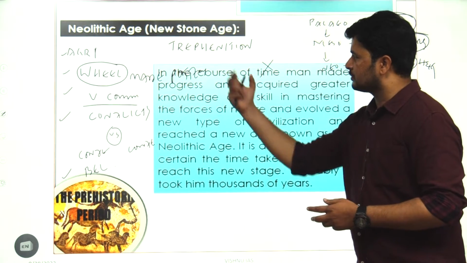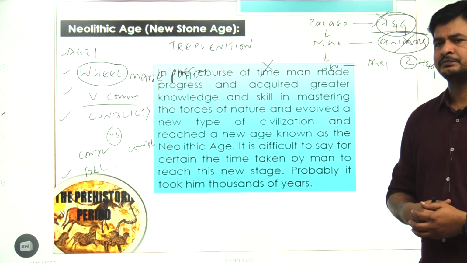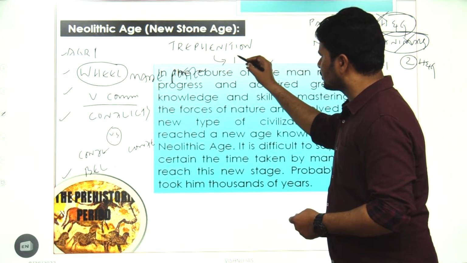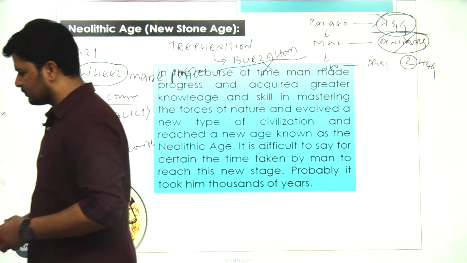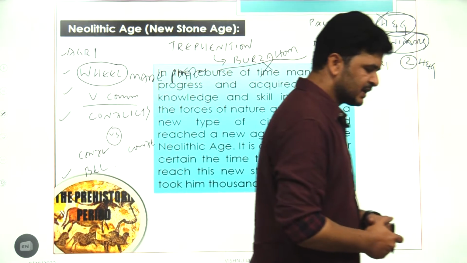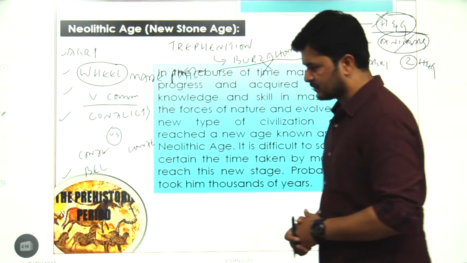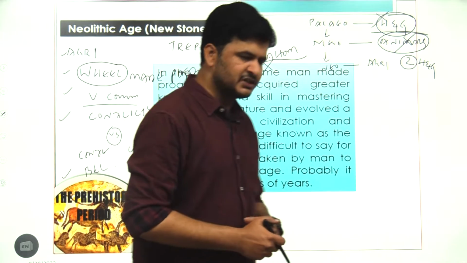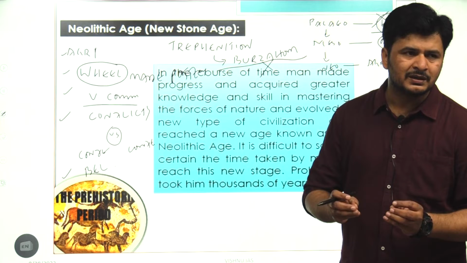Besides, we also found the practice called trephination, please, especially at a place called Burzahom. The practice called trephination, which we found at Burzahom, please. Burzahom is one of the prominent Neolithic sites located in Kashmir, please. Burzahom, Kashmir. We referred in the previous sessions, trephination is a primitive way of curing diseases.